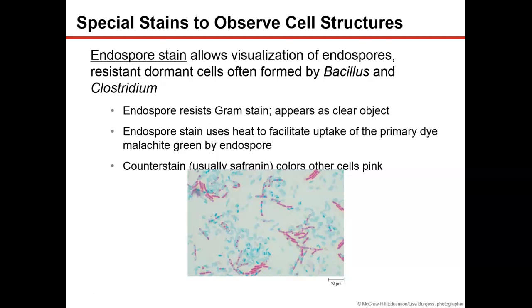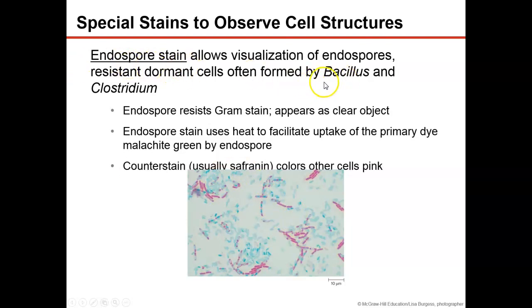Once that happens, then you rinse with distilled water and counterstain with safranin for another minute. When you're done, you're going to end up having the vegetative cells, the bacillus cells, and you'll have endospores as well. The bacillus cells will be pink, the endospores will be this greenish color.